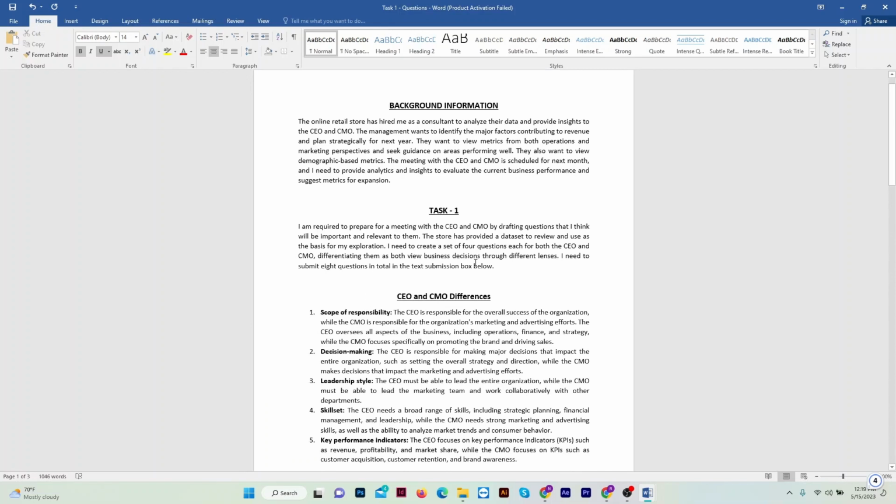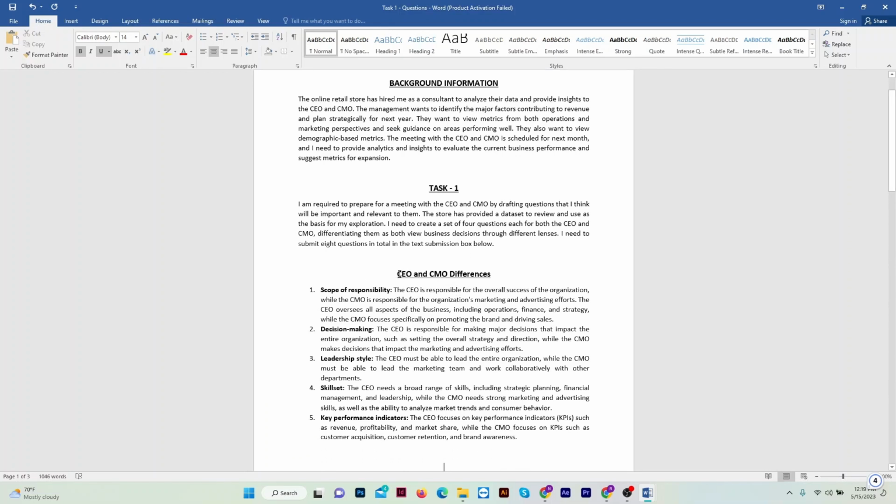For you to understand the differences, I wrote them here, the CEO and the CMO. The differences have been categorized in different levels. The first differences fall in the type of responsibilities they have. For instance, the CEO is usually responsible for the overall success of the organization, but the CMO is usually department based.